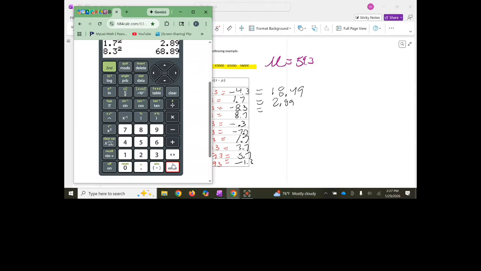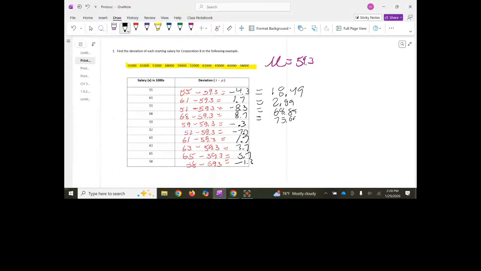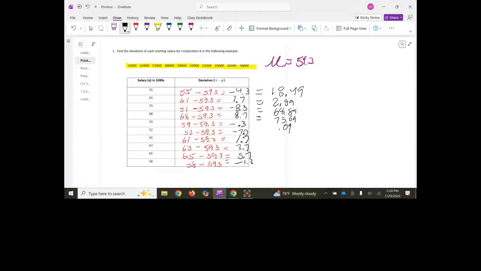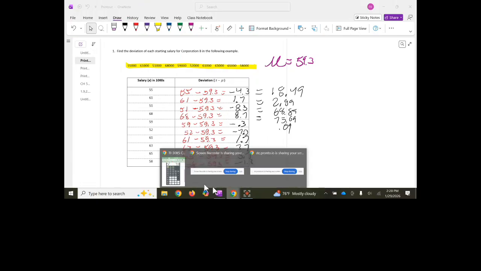Okay, 8.7 squared, 75.69. Yes. Okay, negative 0.3 squared, 0.3 squared, 0.09. Okay, 7.3 squared.